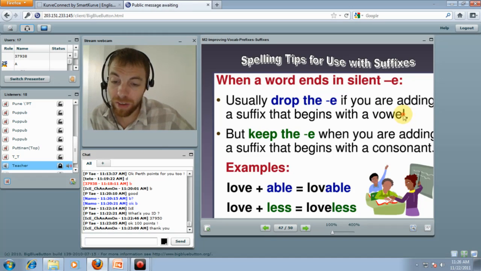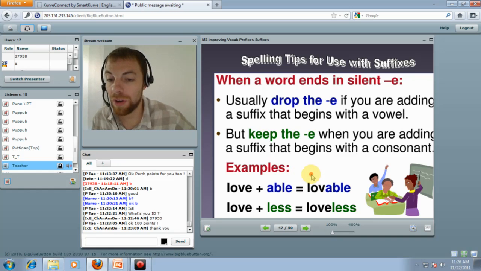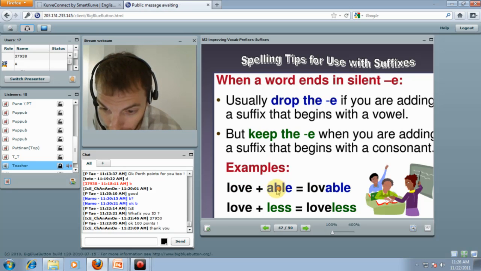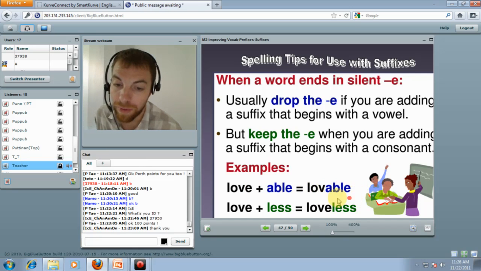This is because in the English language, when you have two vowels, sometimes they don't go together, and we take out one and leave the other one. So lovable, we lose this E and make it L-O-V-A-B-L-E. Why? No reason. We just do.